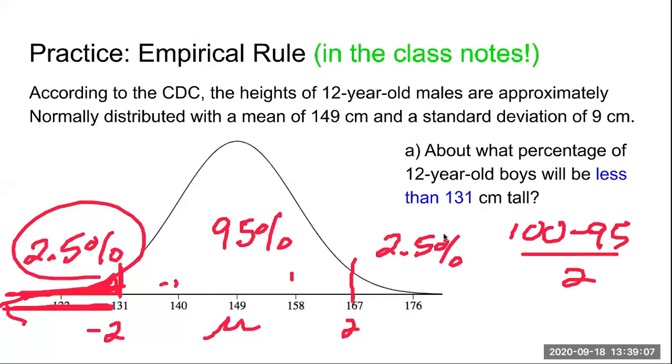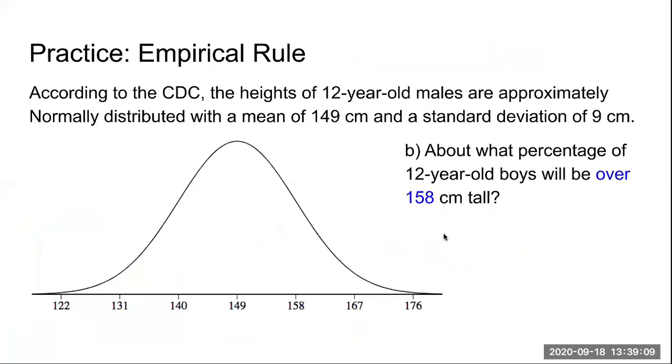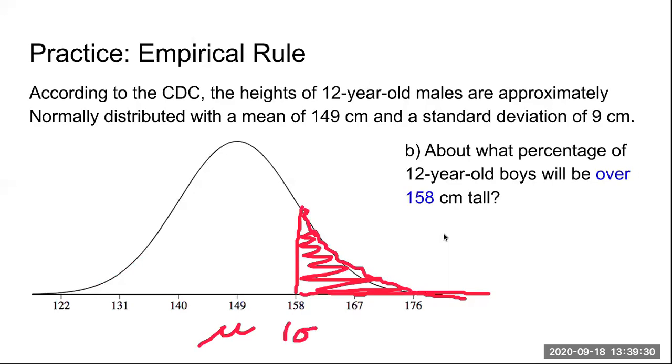So that's one example. Looking at part B, about what percentage of 12-year-olds will be over 158 centimeters. 158 is right here. We want over that, so that's all of this area under the density curve. And the mean's right here at 149. So that would be 1 standard deviation above the mean, about 158.